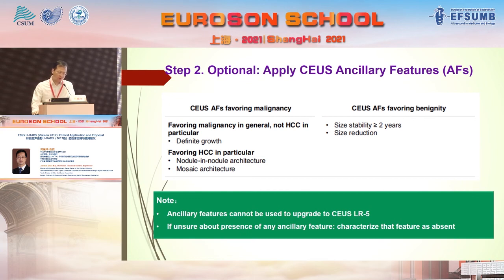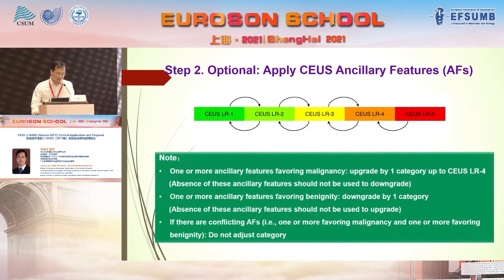The lesion may favor benignity if the lesion is stable in size for more than 2 years, or the size is reduced during the follow-up. One or more ancillary features favoring malignancy could upgrade by one category up to LR4, but could not upgrade to LR5. And absence of these ancillary features should not be used to downgrade lesions.